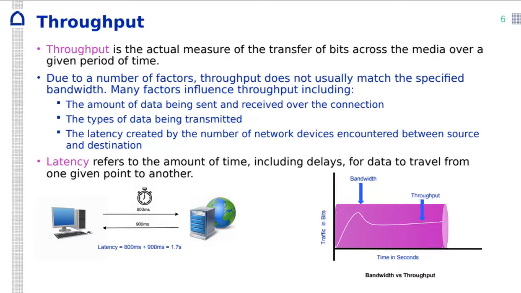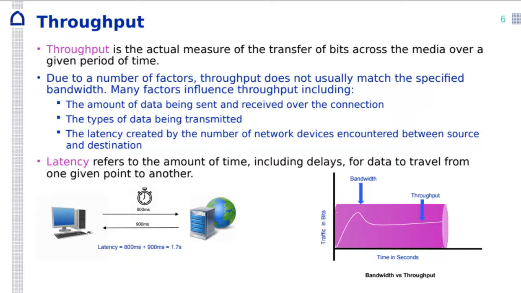Throughput is the actual measure of the data transferred per second. Okay, so usually throughput is smaller than bandwidth because there are some other considerations.